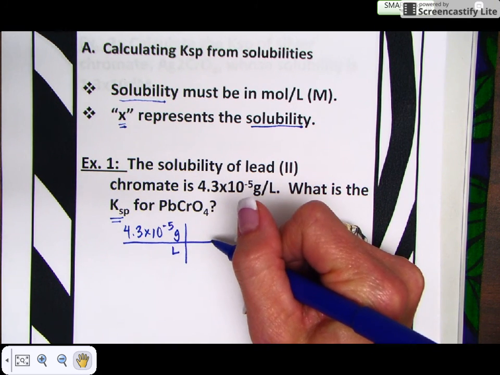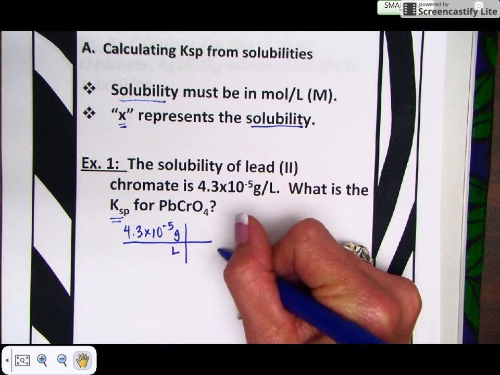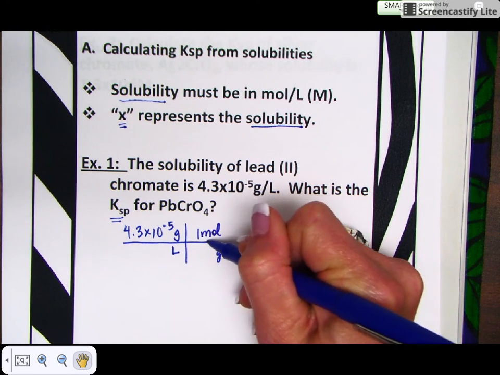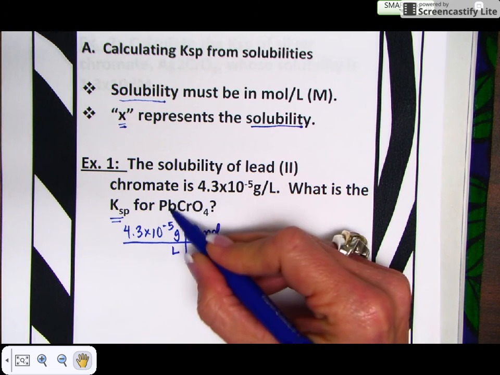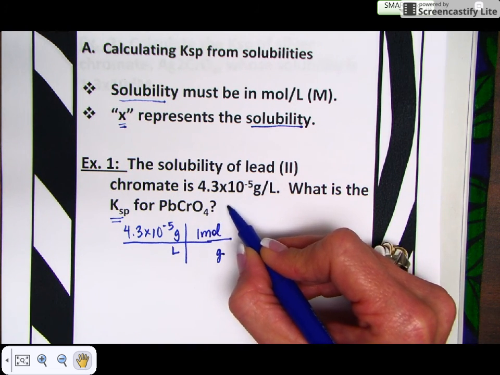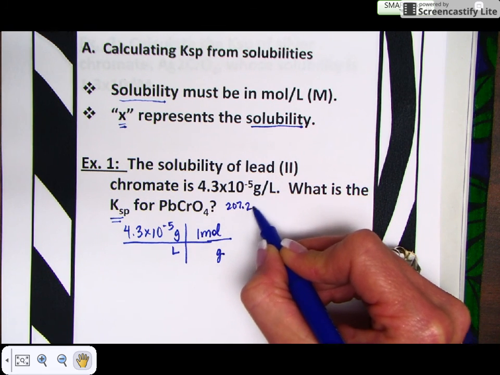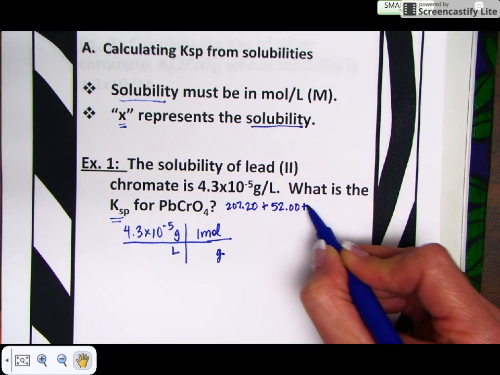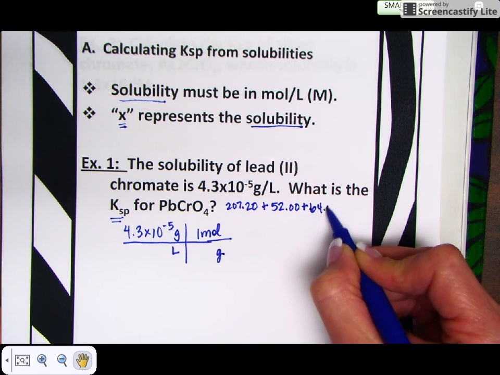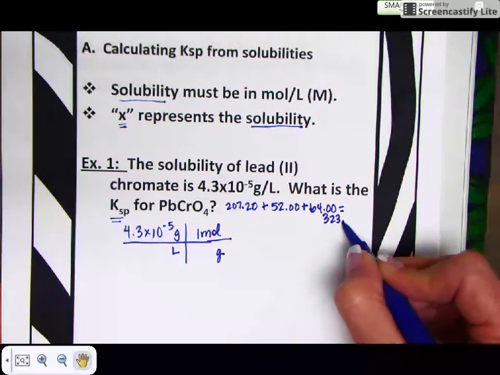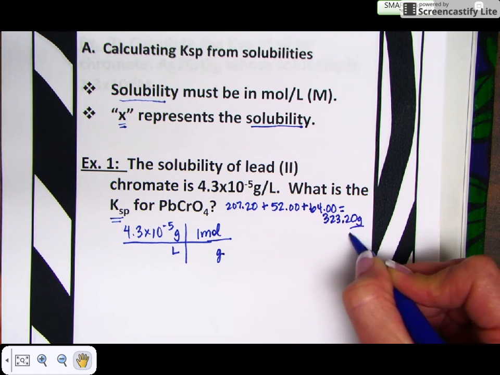So we're going to use the molar mass to do that. We need grams to cancel, so we'll put it on bottom, and the molar mass, the moles go on top. So the molar mass of the lead 2 chromate, if you add that up, 207.20 plus 52.00 plus 64.00, that gives us 323.20 for our molar mass.